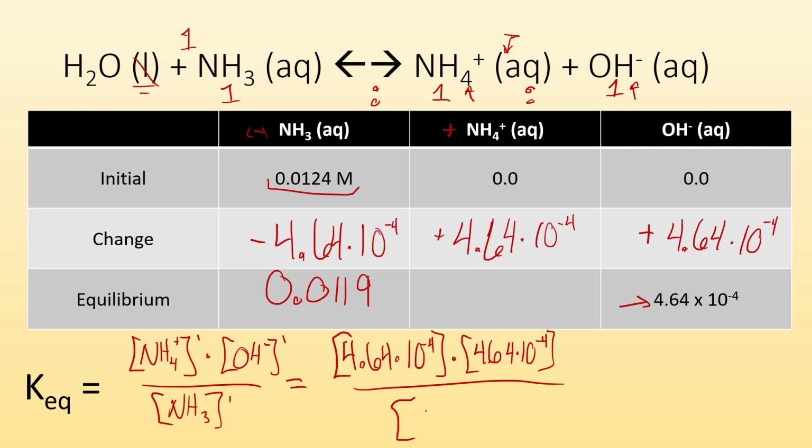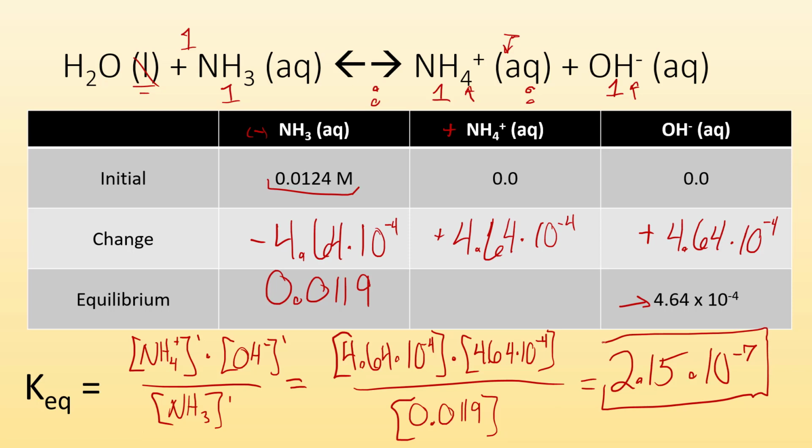So that's going to be in my denominator. And when I plug and chug, I get 2.15 times 10 to the minus 7. So that is going to be my KEQ value for that.